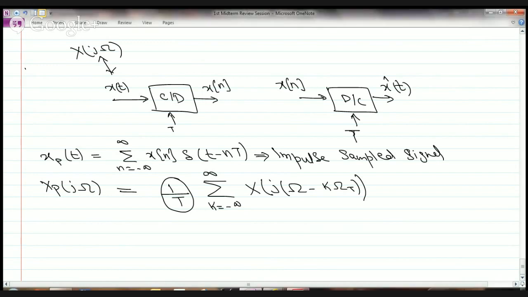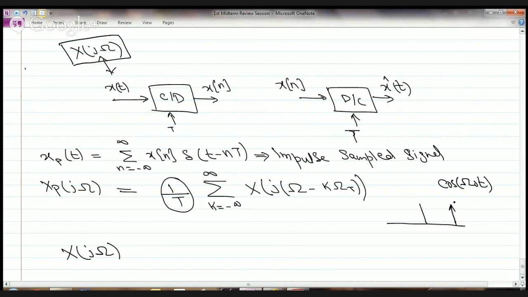So all we have to do for that is, first of all, compute the Fourier transform of my input signal. So I have 2 cosines and 1 sine. If you remember your cosine Fourier transform, if I have cosine of omega naught t, the Fourier transform of that is an impulse of area pi at omega naught and an impulse of area pi at minus omega naught.